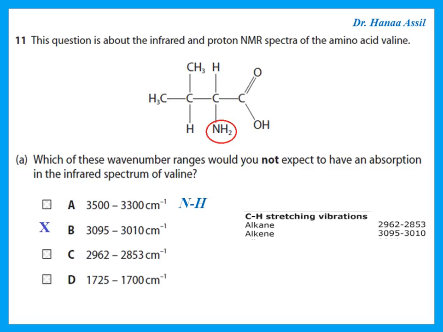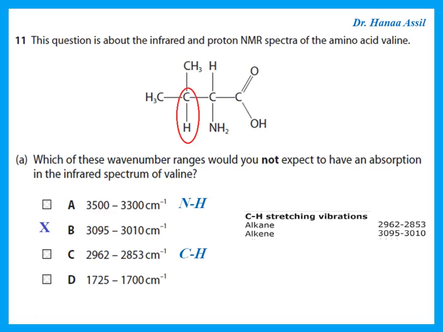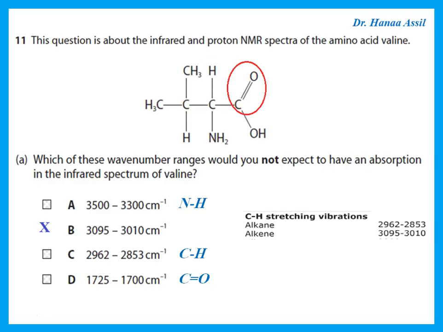So this is the one that I would not get. But I would have the one for the CH for alkanes because I do have CH of alkanes there. And I would expect the 1725 to 1700 because that is for the C double bond O in the acid. So my answer here would be B.